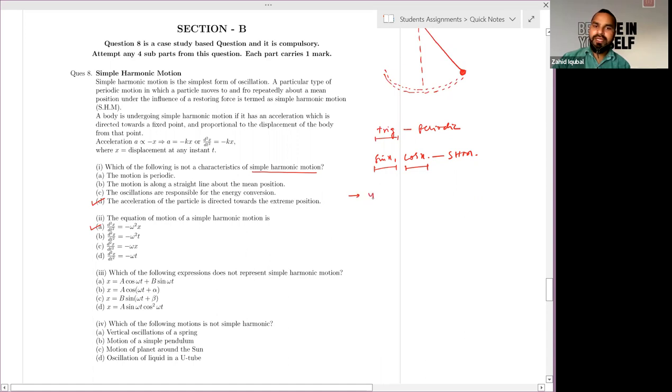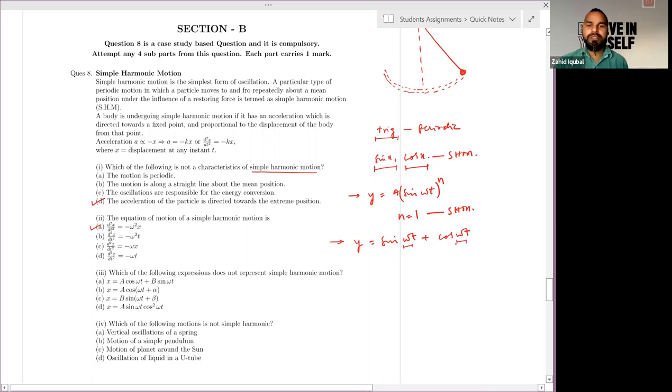So if you have y equals a sine omega t to the power n, if n equals 1, then it will be SHM. Otherwise, it will never be SHM. Next, for superposition of two SHMs, suppose y equals sine omega t plus cos omega t. So this sum will be SHM since both expressions have the same angular velocity.